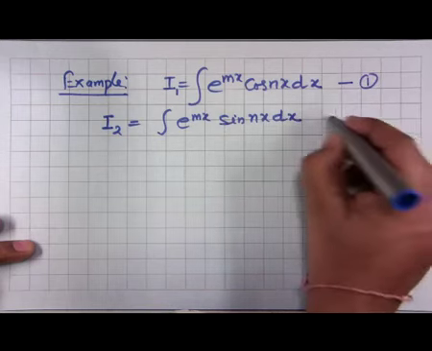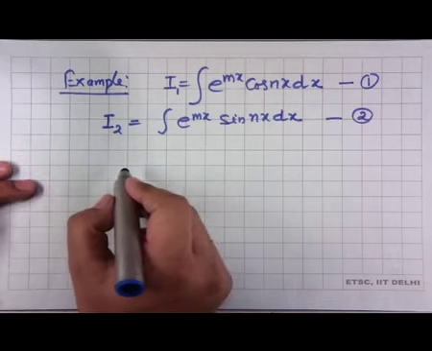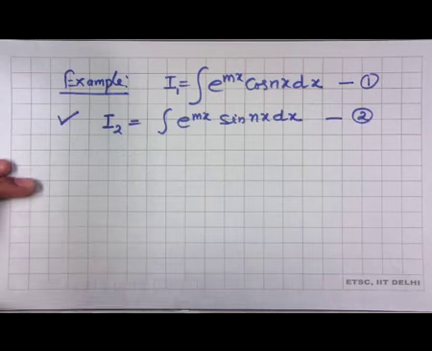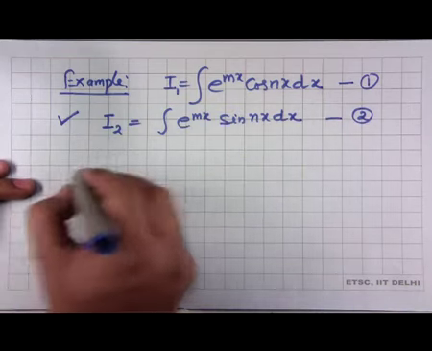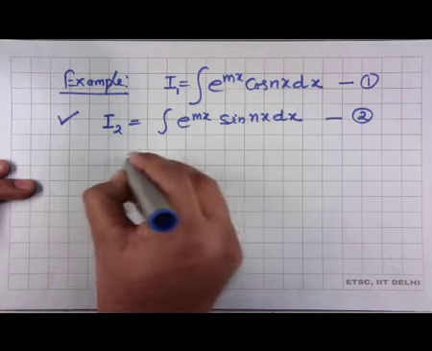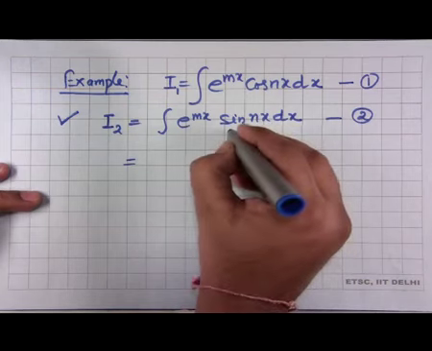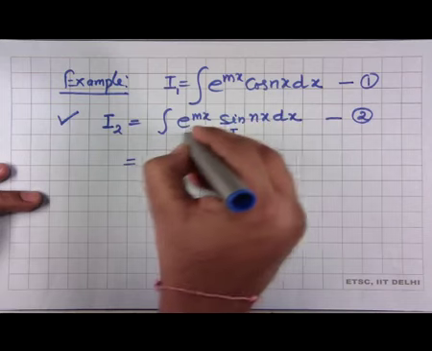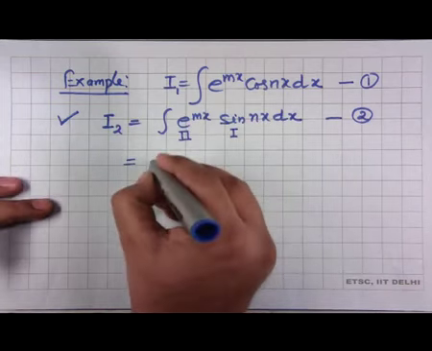So, for these two functions, I will look for the solution for one of them, and I will choose I2 as the function which I will solve for you. Similarly, you can solve for I1. So, let us write this I2 and choose the first function and second function. Since it is a trigonometric function sin nx, I should choose it as the first function, and according to my order I should choose exponential as the second function.